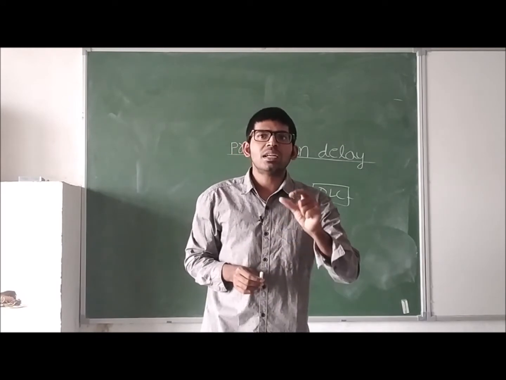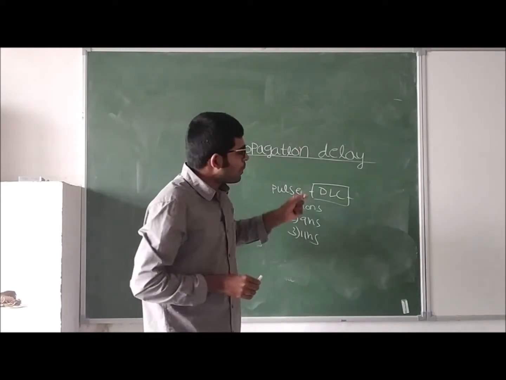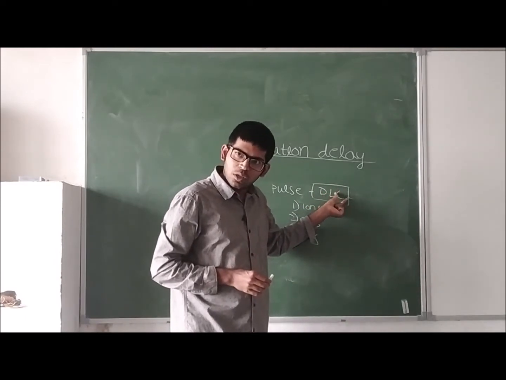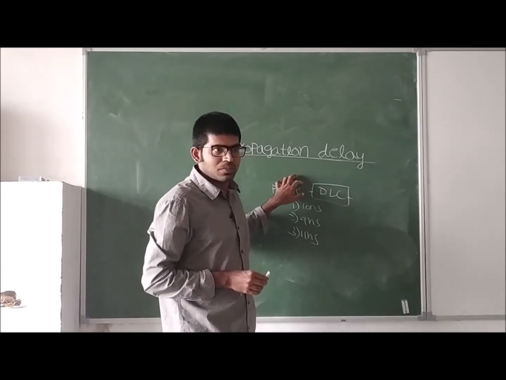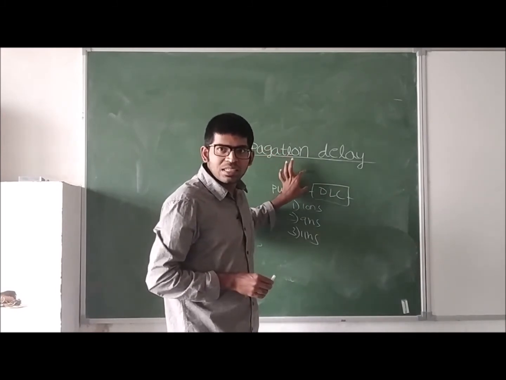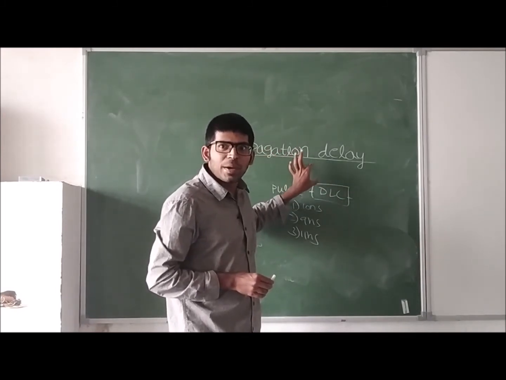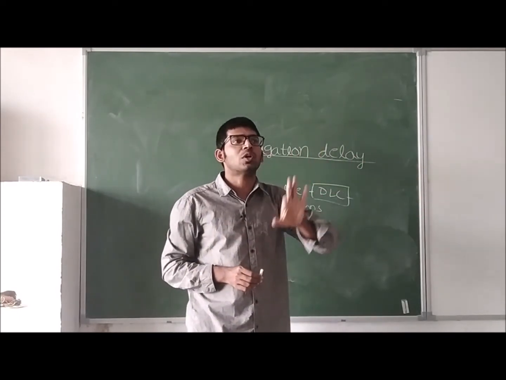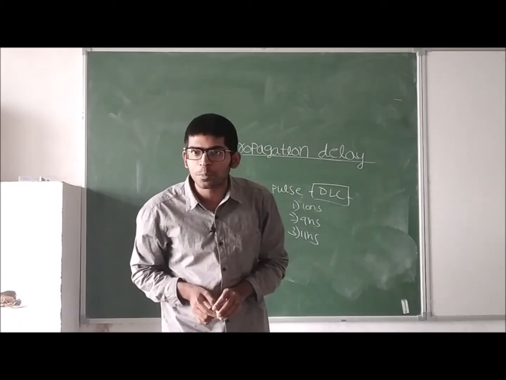So the propagation delay is defined as the mean time taken by the digital logic circuit to send this pulse. Whenever we send a pulse, the mean time taken by this pulse to travel through this digital logic circuit is called the propagation delay.